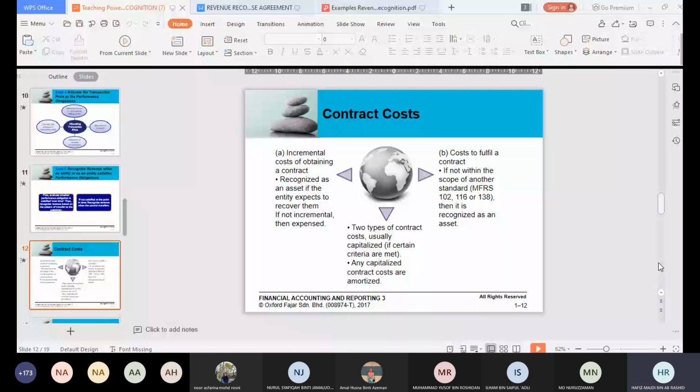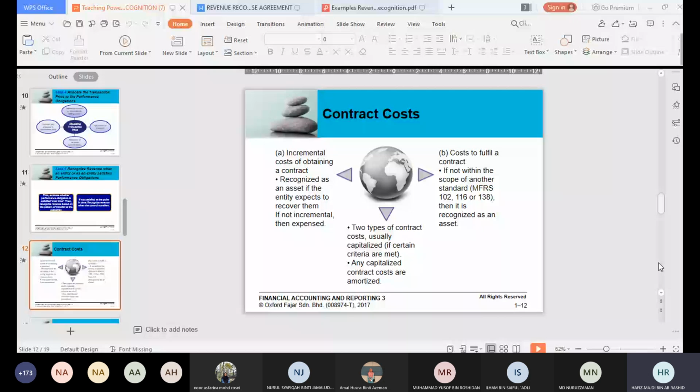The second one is basically the cost to fulfill your obligation, the cost to fulfill the contracts. Sometimes you might incur additional costs in order to fulfill the contracts.